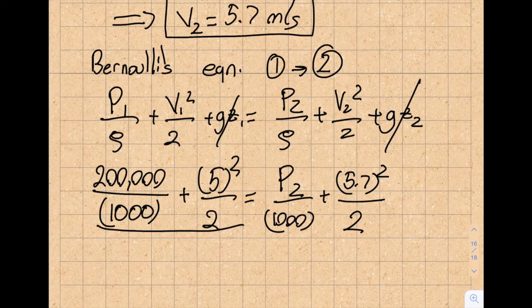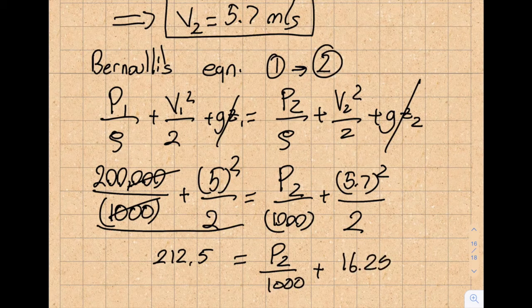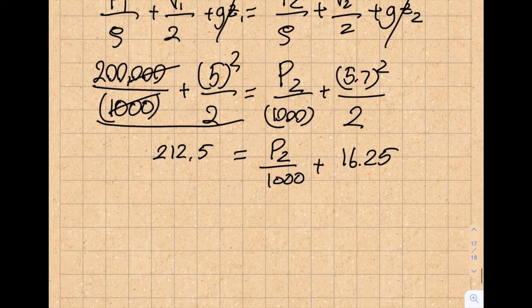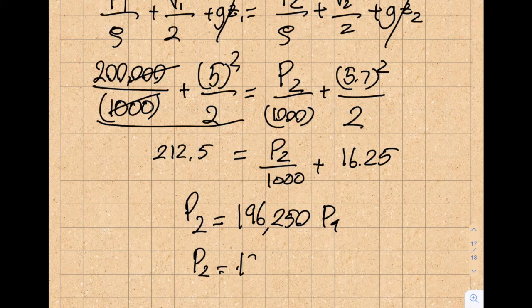So from here you will see this becomes 200 plus 12.5, so this becomes 212.5, equal to P2 over 1000 plus 16.25, right? And if I do this calculation, I will get my P2 as 196,250 approximately pascals, but I usually want to express this in terms of kilopascals. It's going to be 196.25 kilopascals.